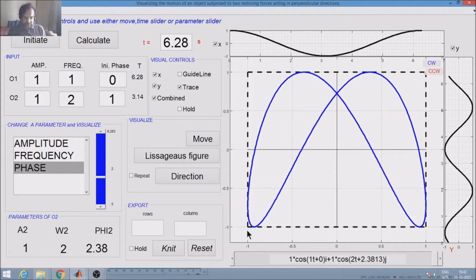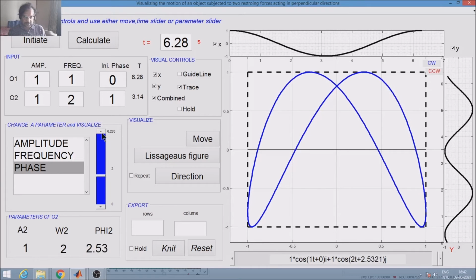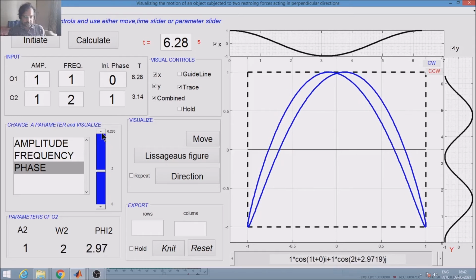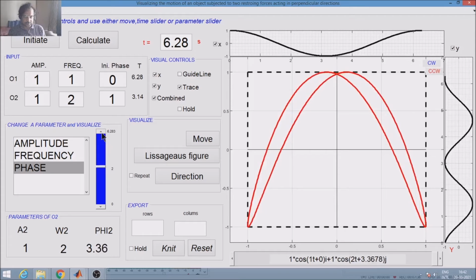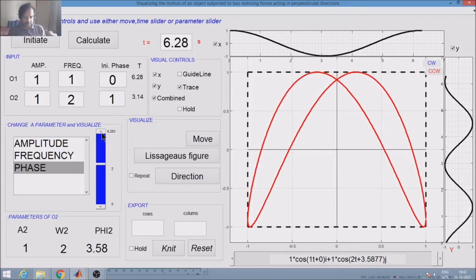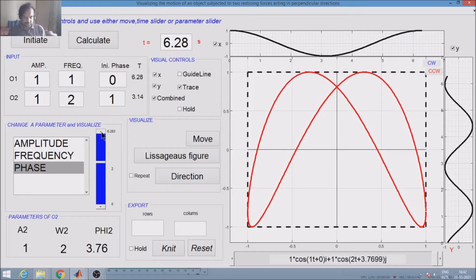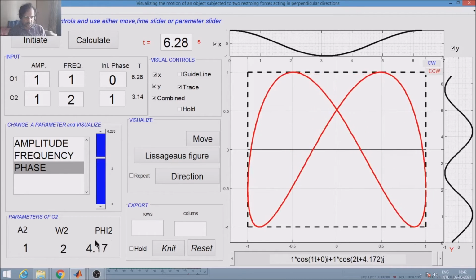Again, you can see the tangent points are moving this side, and this common point would come here at 3 pi by 2. So 4.71 is 3 pi by 2.